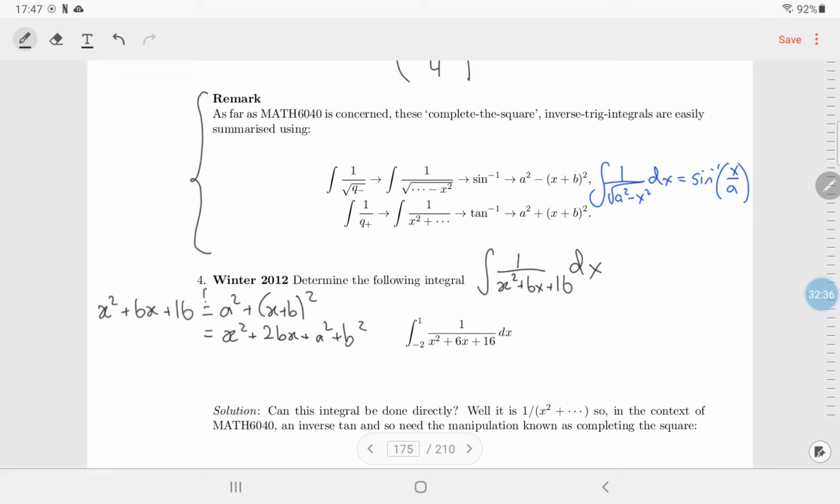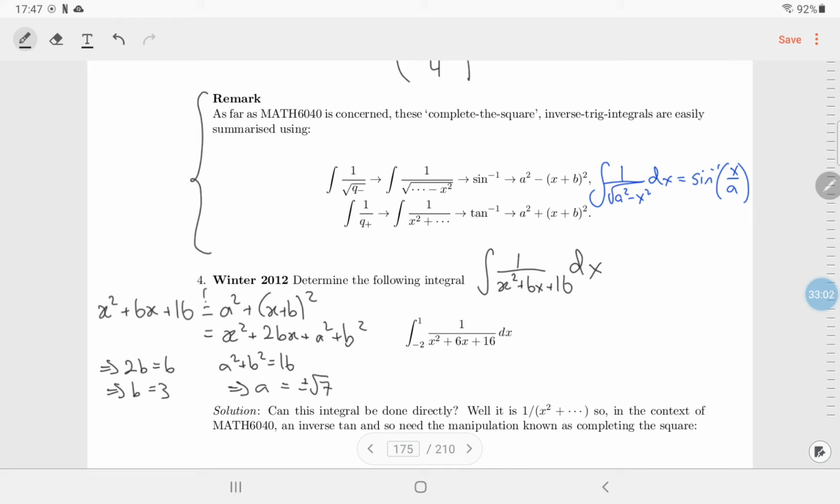And we want 2b to equal 6, and that means you want b to equal 3. And you want a squared plus b squared to equal 16. If b is 3, b squared is 9. Take away 9 from both sides, and you want a squared to be 7. You end up with a equal to plus or minus the square root of 7.